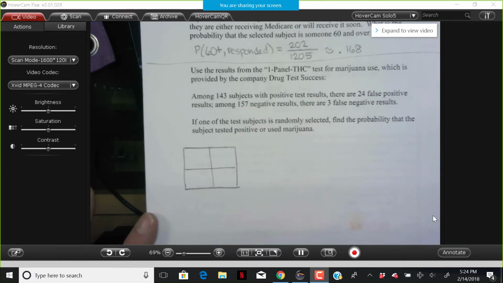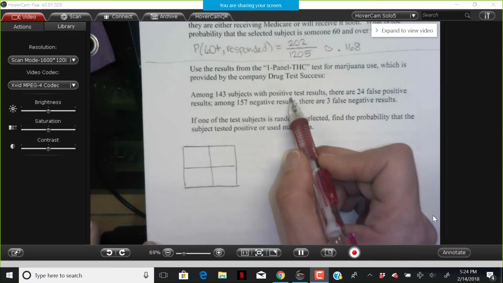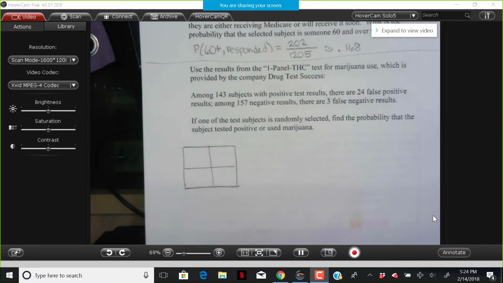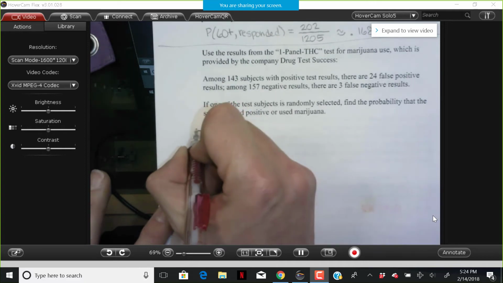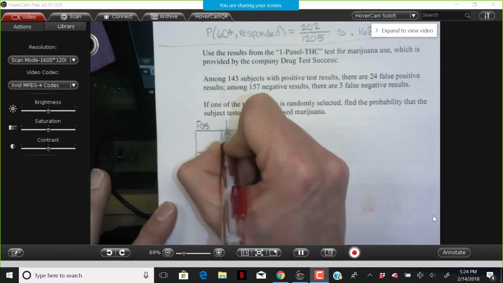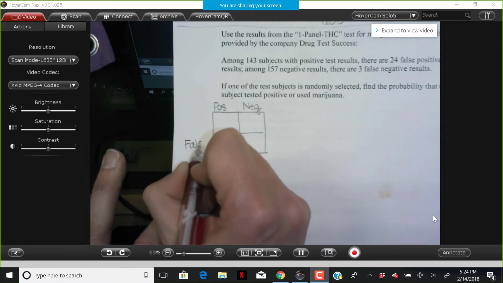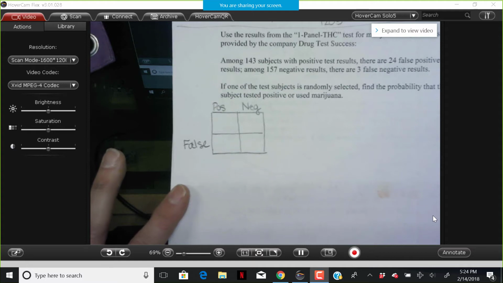So if we have positive test results, negative test results, we'll do the ones that came back false, right?